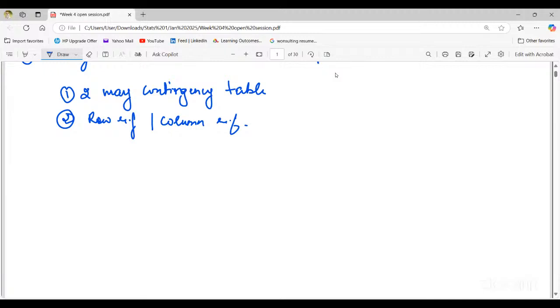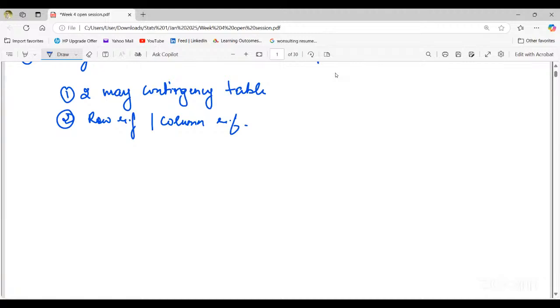What is a contingency table? Can anybody tell me? Ma'am, it's a two-variable table that represents how those two variables are related.